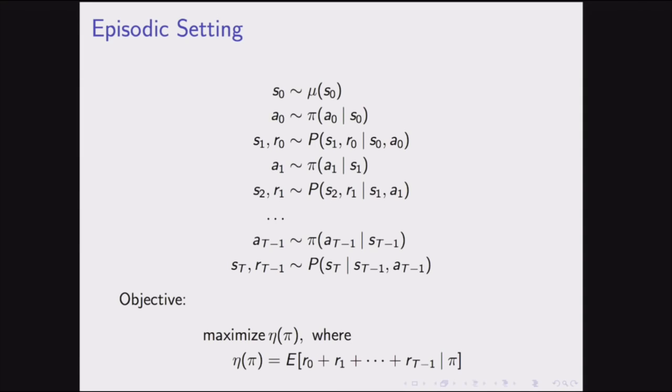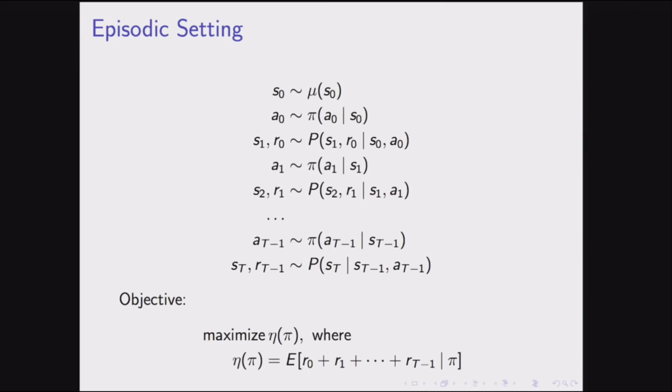So here, we're just going to make a little bit more precise the setting of the episodic MDP. So first we sample the initial state from this distribution mu. Then we sample the first action, A0, from the policy.